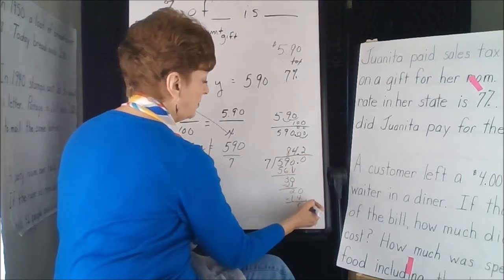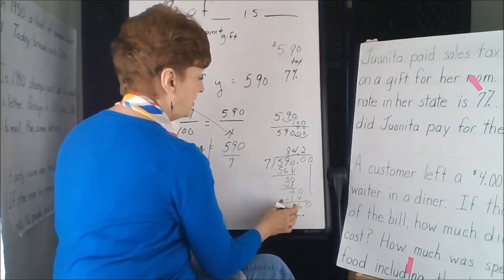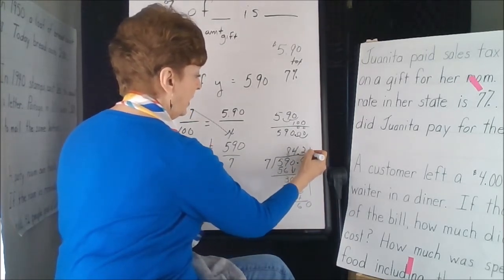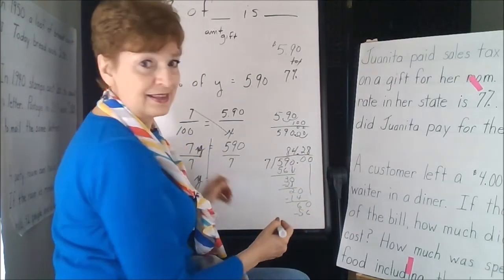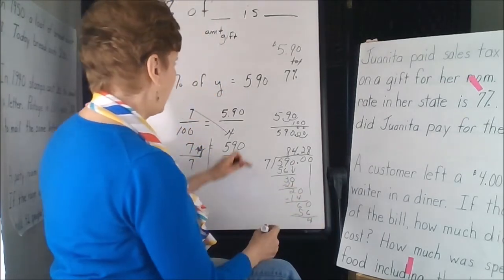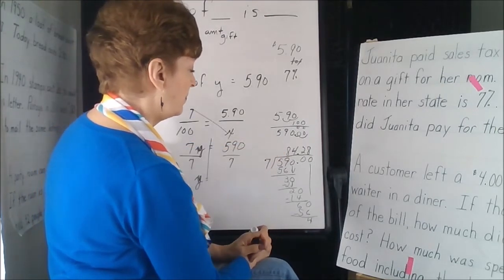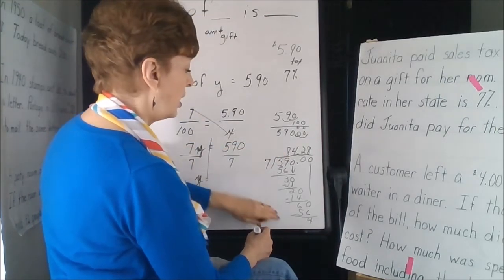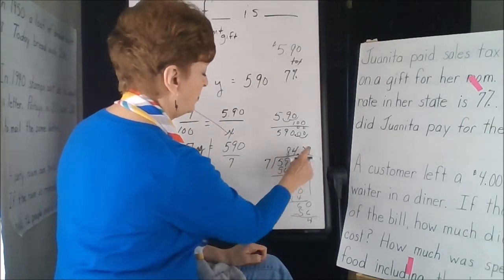And subtract, we have 6. 7 goes into 60, 8 times, 56. This one's going to go on and on. Subtract, we get a 4. I think that's enough because we actually are thinking about the price of the gift. We probably could go one more because we would then round to our penny.